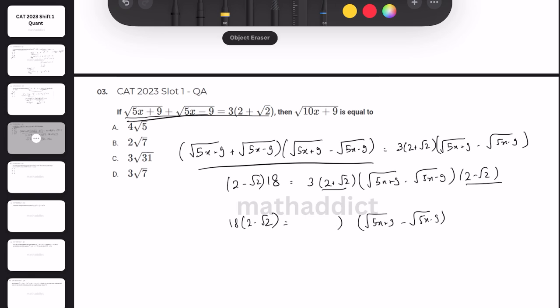So this becomes 6 and 6 gets cancelled, so we get 3 here. So we have this minus this equals 3 into 2 minus root 2, and this plus this is 3 into 2 plus root 2.